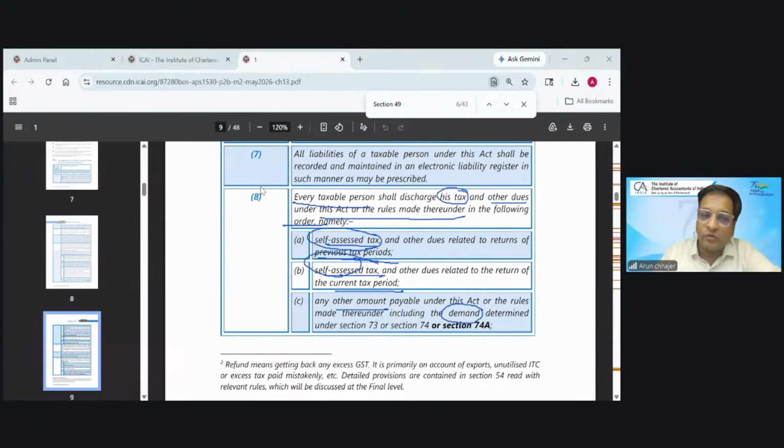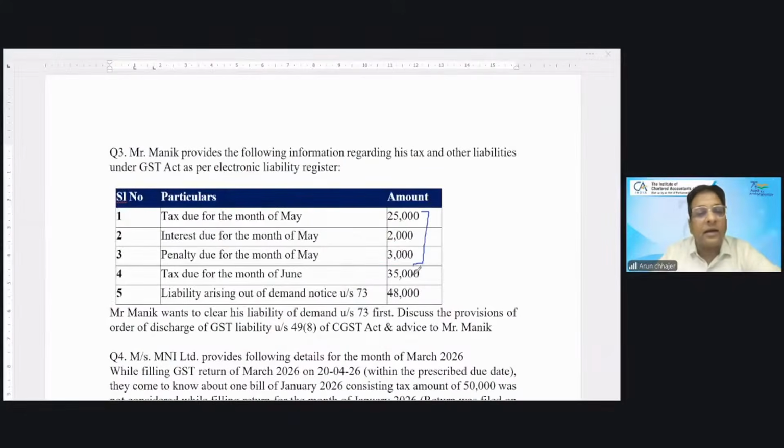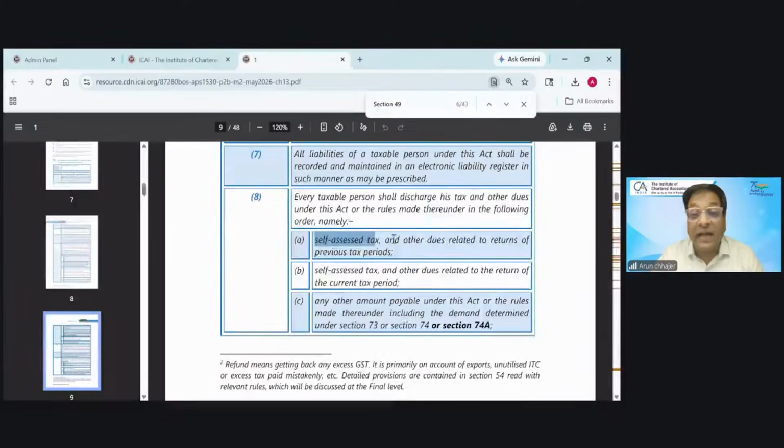First, they need to pay the liability. See, the point is, what is the word they have used? They have used self-assessed tax and other dues also. It means not only the tax, but we need to incorporate the interest, the penalty, and any other dues for the previous tax period.